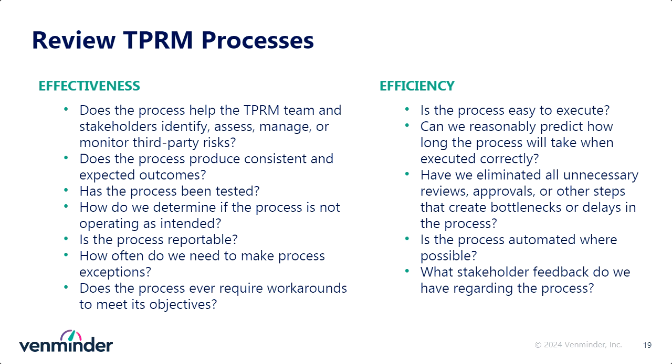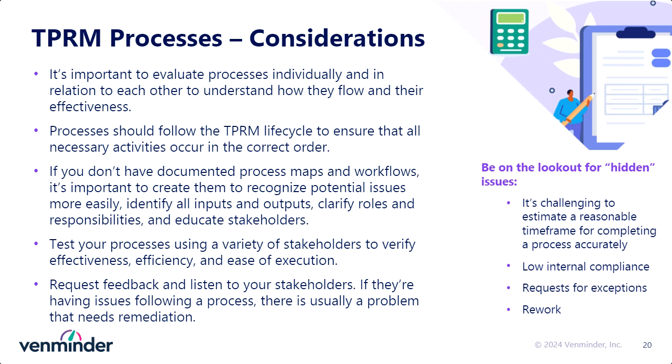Now, not only do we need to look at the processes for those specific attributes, but we need to think about how the processes work individually in relation to each other. We need to understand their flow. When do they start and stop? We also want to make sure the processes are relatively aligned to that life cycle.